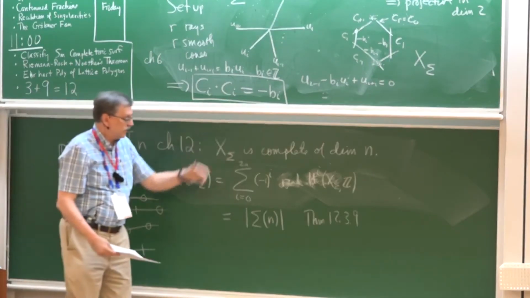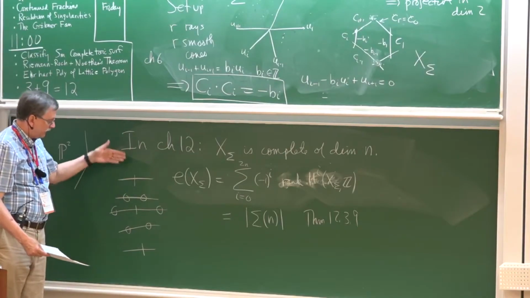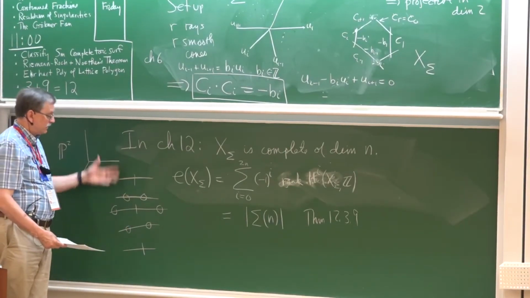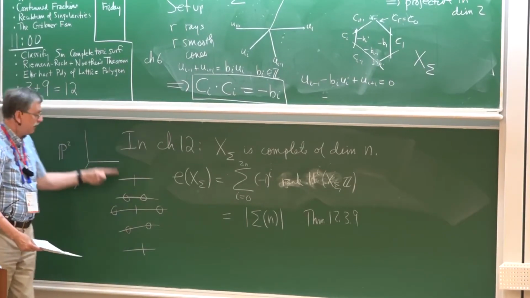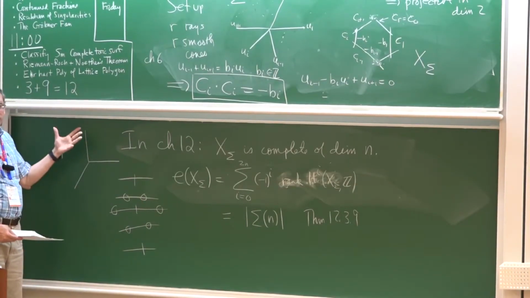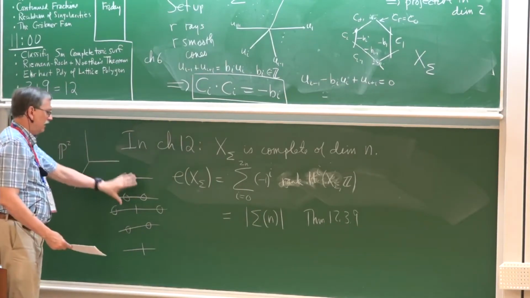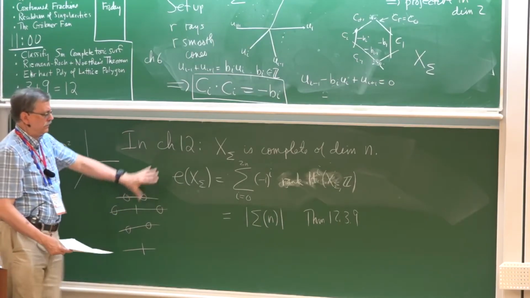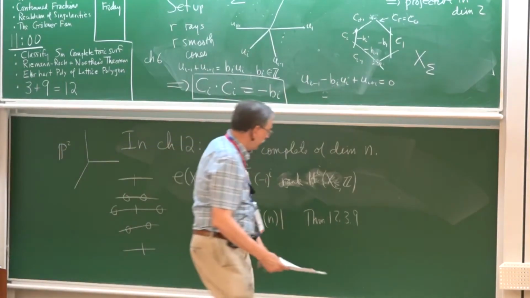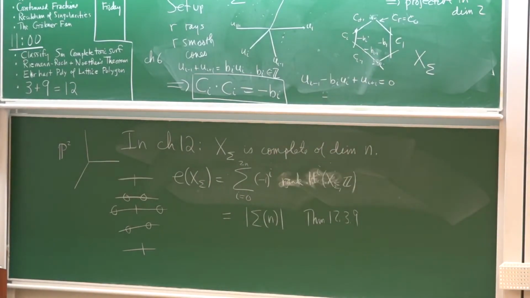And so when I do this alternating sum, I have a 1 here, a 1 here, and a 1 here. And that's in the even degrees. So in fact, the Euler characteristic of P2 is 3. And there are three two-dimensional cones. And the point is that, and this is actually not the technology you use to prove it. You do a quite different proof in chapter 12. But anyway, it's simply the number of that. So we actually know what that is.